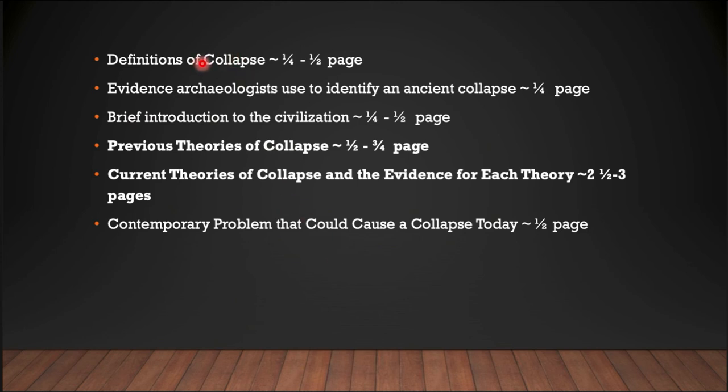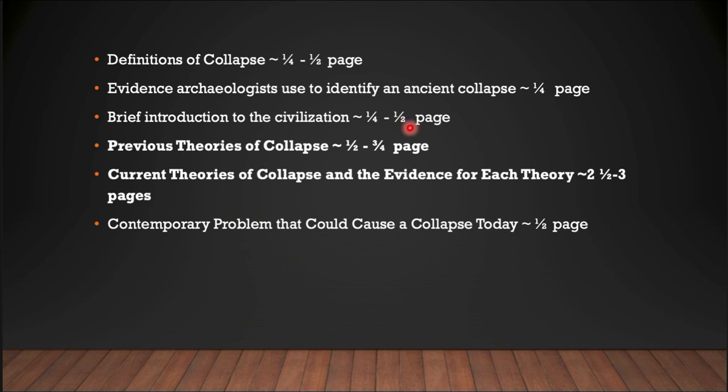And I have kind of in the paper, so if this is a 5-page paper, for example, roughly about half a page will be a definition of collapse or less. A quarter of a page will be kind of listing some of the pieces of evidence archaeologists use to identify an ancient collapse. So about a paragraph. Introduction to the civilization. Brief, right?